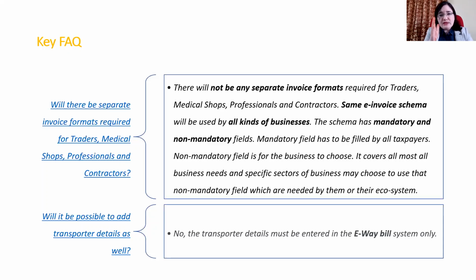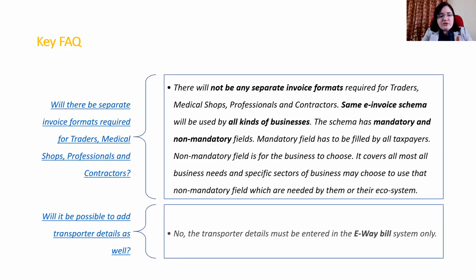You have to prepare the tax invoice, report it to the online portal, get the QR code, and print that QR code on your tax invoice. The earlier tax invoice format is not going to change; it remains the same, only one parameter, the QR code, is added, and you can send that tax invoice to your vendor with the supply at the time of the movement of the goods.